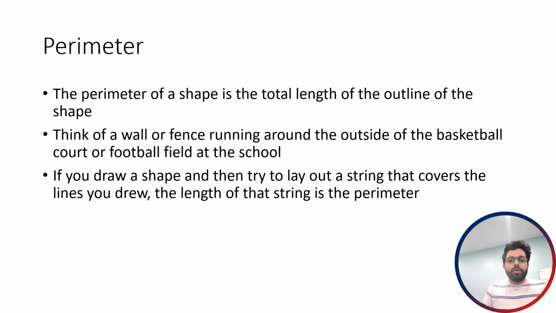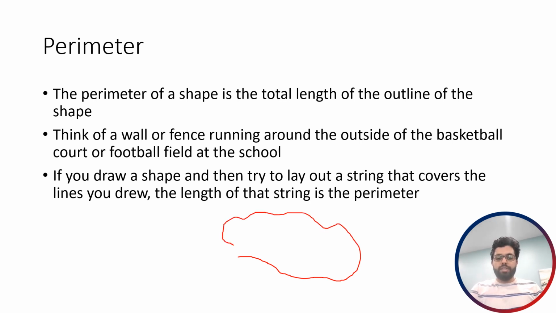So the perimeter of a shape is the total length of the outline of the shape. I'm just going to draw a shape on the screen. It doesn't have to be a polygon, so it doesn't have to have straight sides. It's easier if it's got straight sides, but it doesn't have to for this.